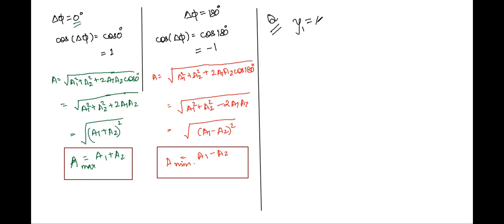y1 is equal to 4 sine of (omega t plus kx plus pi by 3), right? And y2 is equal to 3 cos of (omega t plus kx plus pi by 2).